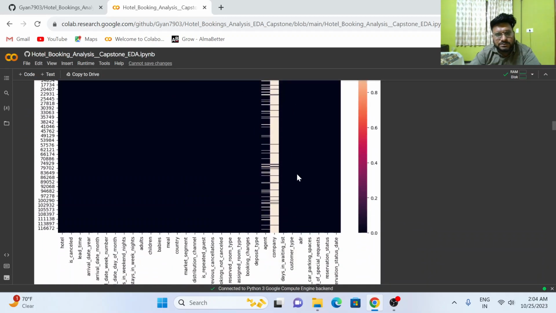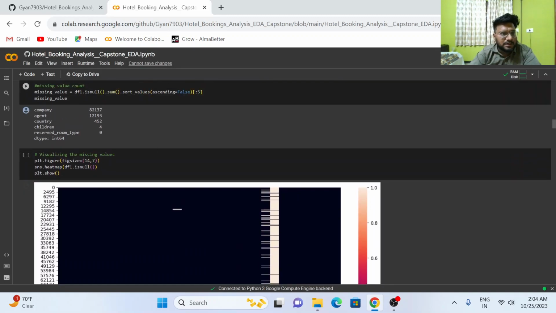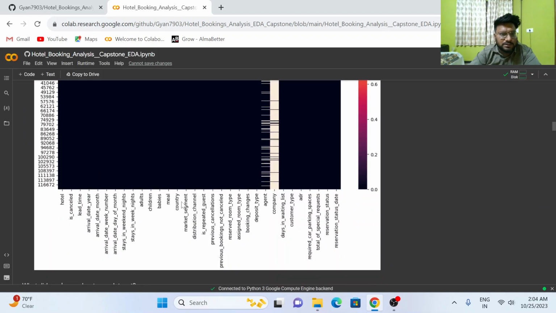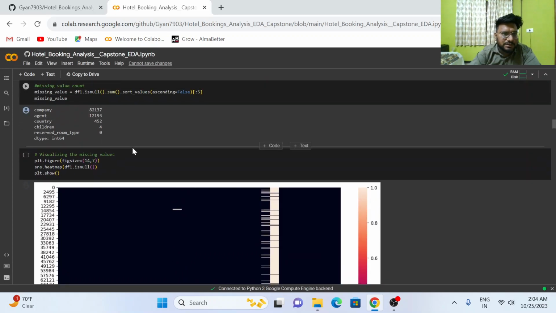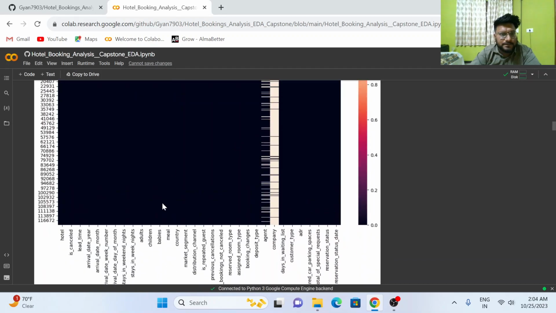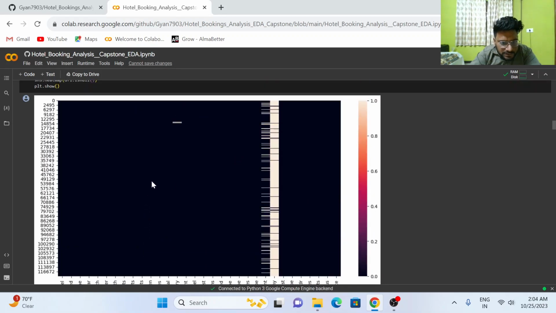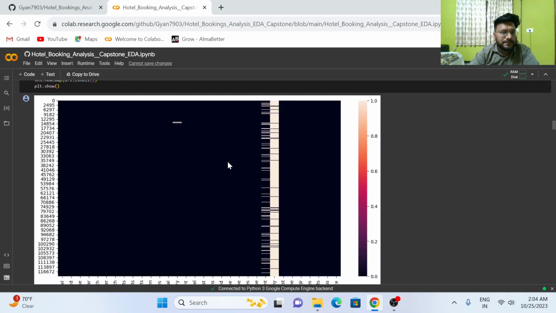Only 4 values in the children column are null, and in country we have 452. In the children column it's not showing because there are really minimal values, so it will be a very small speck.